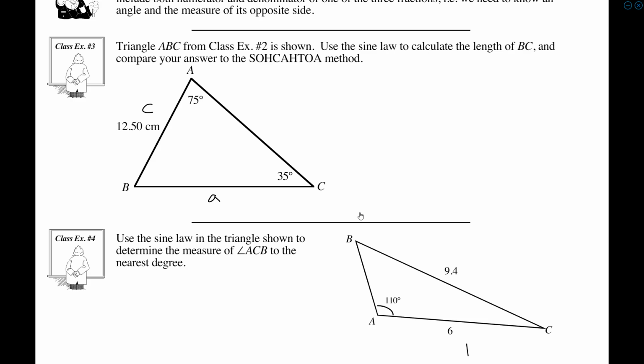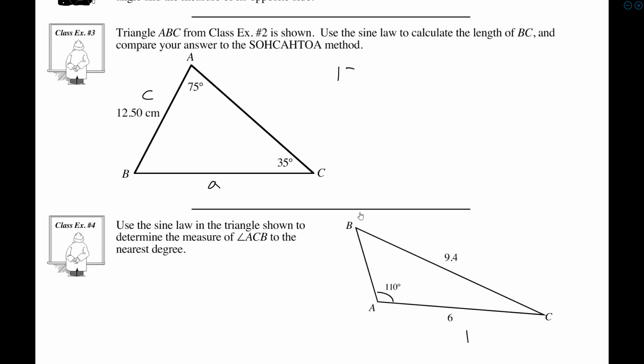I'm looking for side A, I have side C. So let's first of all set up the proportion that I know. I have C over sine 35, side C, 12.5, over angle C. That's a relationship I know. I have the angle for A, so sine of 75 should be under A. And if I have a proportion like this, suddenly solving it is pretty easy.